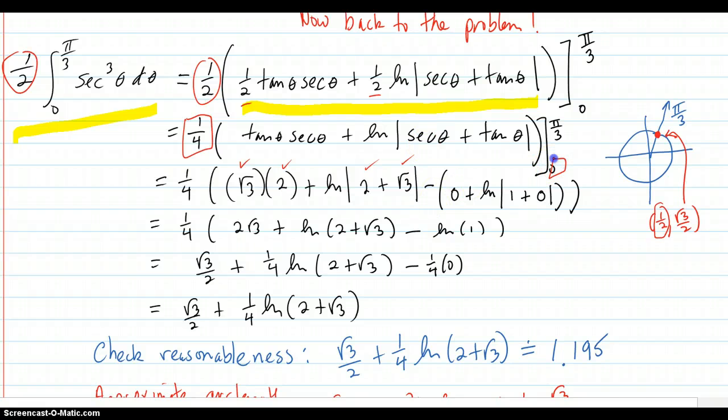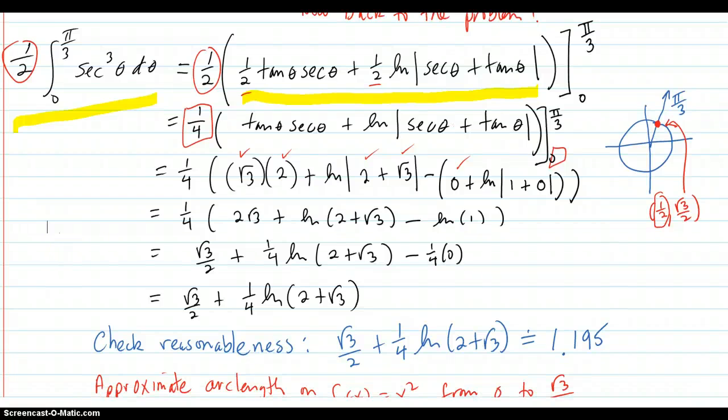Subtract evaluation at the lower limit. Well, tangent of 0 is 0. And so that knocks out that whole first term, plus log of secant. The secant of the angle is the secant for a 0 radian angle.